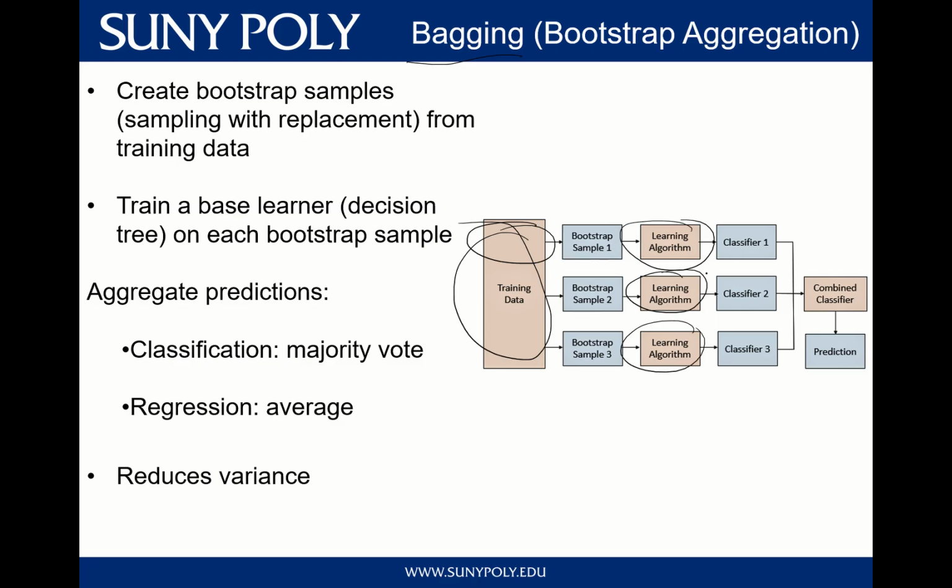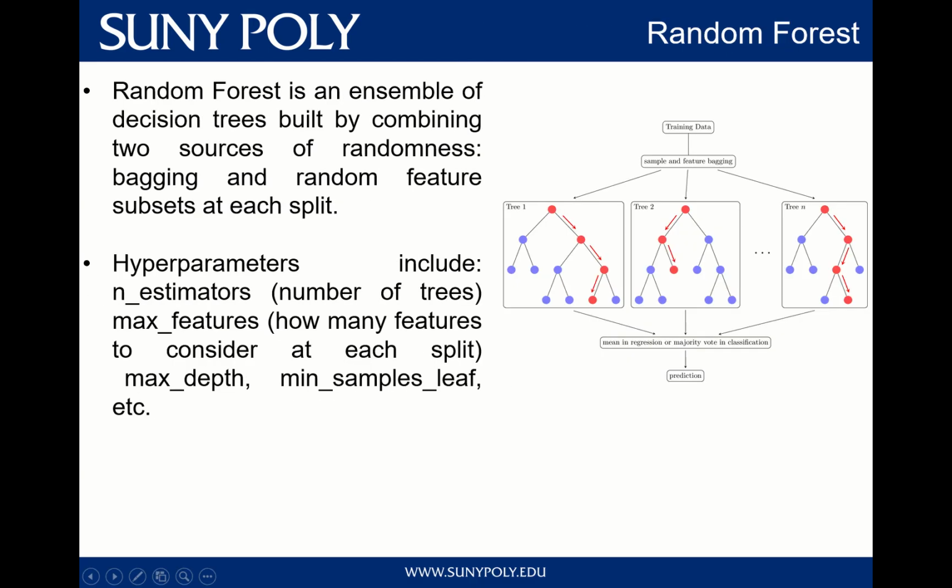And each of these models will classify or will make regressions. And we are going to combine them: if it's a classifier, we're going to use the majority vote. If it's a regression, we're going to compute the average. And with this idea, we expect that it's going to reduce variance. That's the main advantage when we apply this concept of bagging.